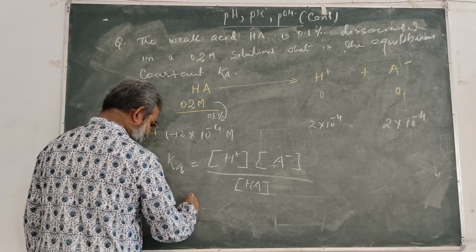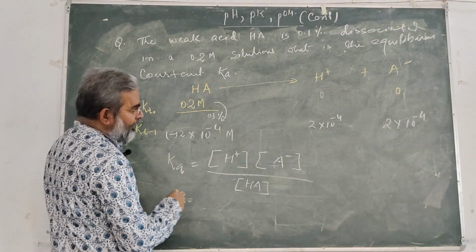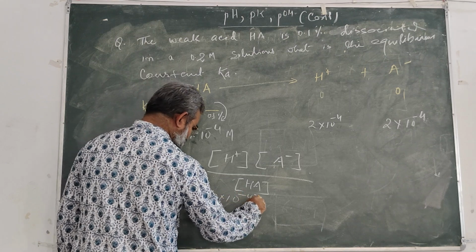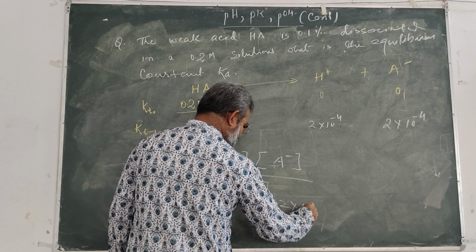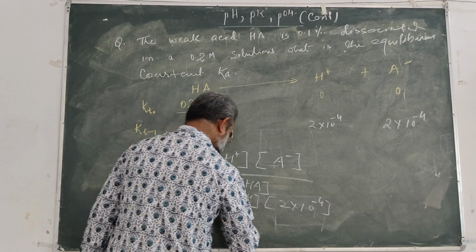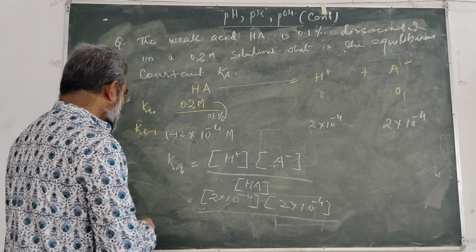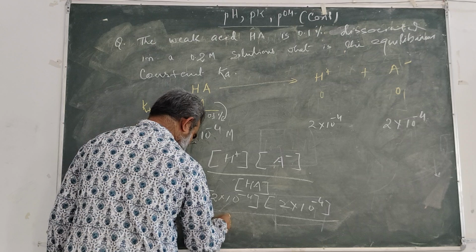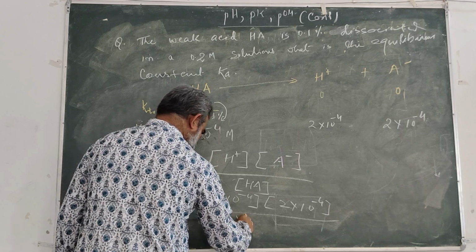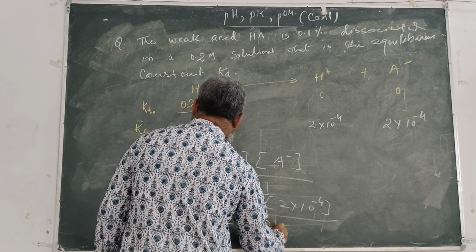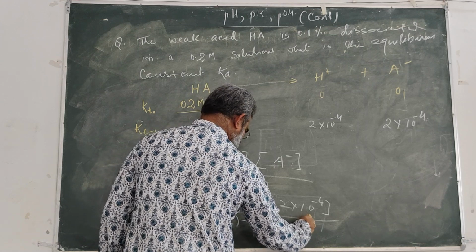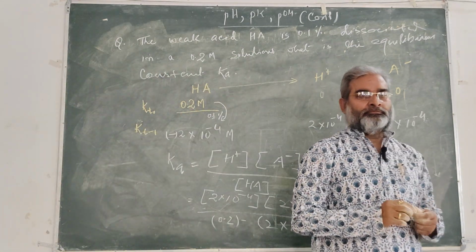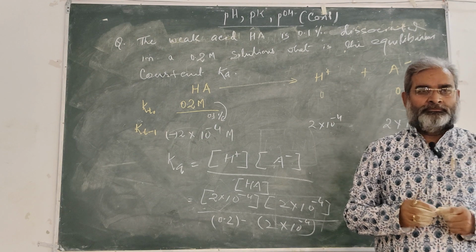That means this one is 2 into 10 minus 4, 2 into 10 minus 4, divided by 0.2 minus 2 into 10 minus 4. Okay?